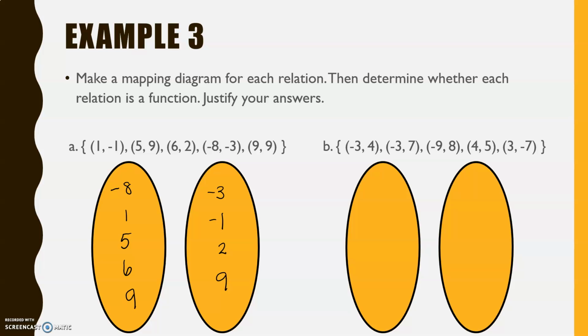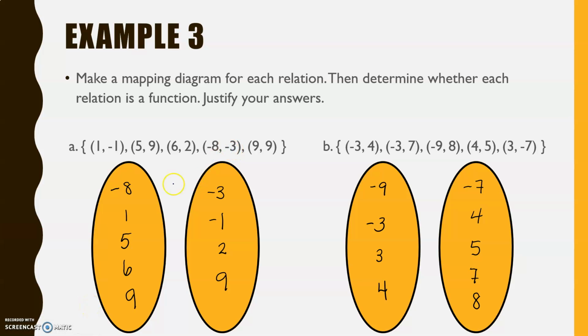Then on this one, for our inputs, we would have -9, -3, it's written twice, but I write it once, and then 3 and 4. And then on our outputs, we would have -7, 4, 5, 7, 8. Now comes the mapping part.